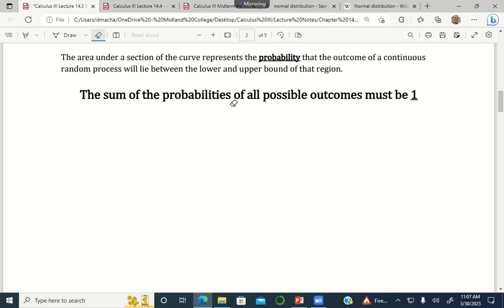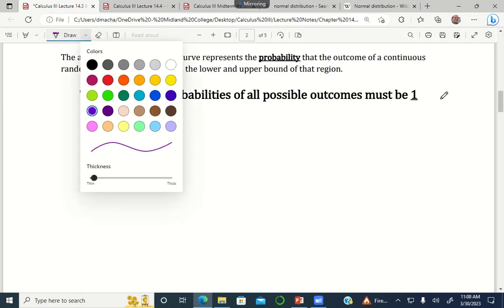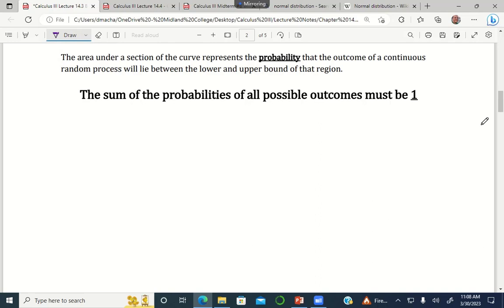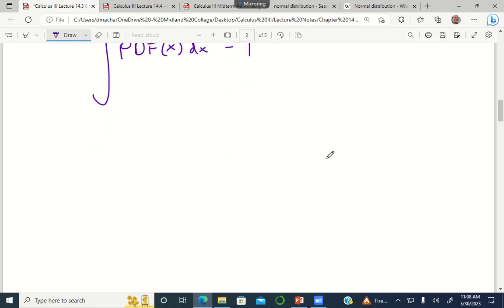So in the case where we have a random process with a continuous random variable, what that means is the integral over the entire range of possible outcomes of my probability density function has to be 1. Okay? That's the equivalent statement for continuous random variables.